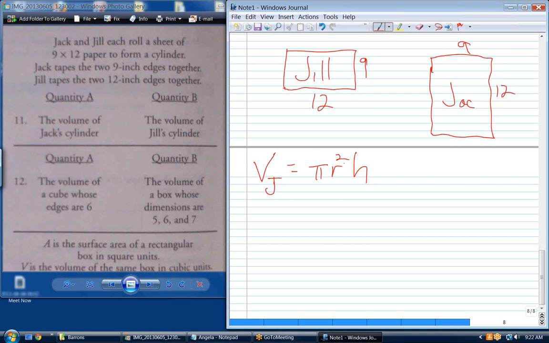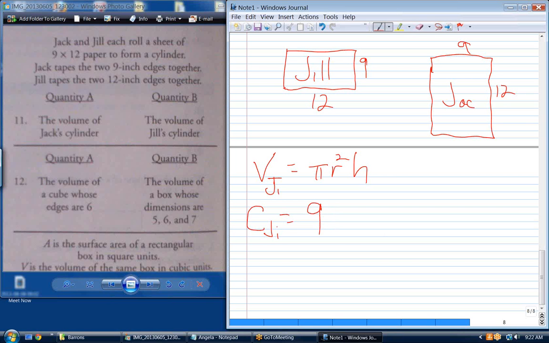You're on the right track. You want to solve for radius. What is the circumference of her tube? Well, since she's taking the 12-inch edges together, isn't the circumference going to be 9?